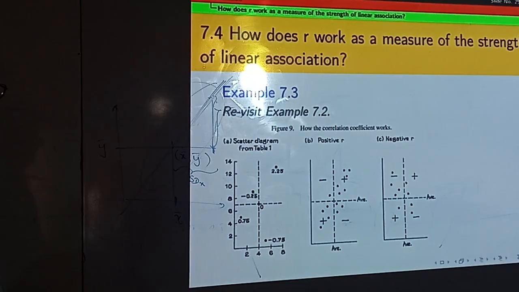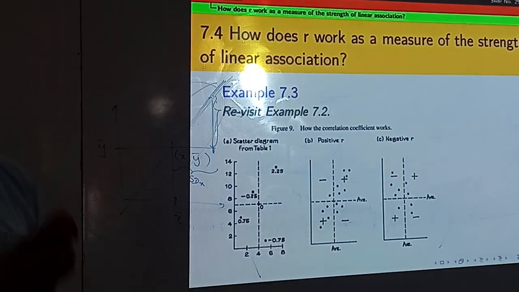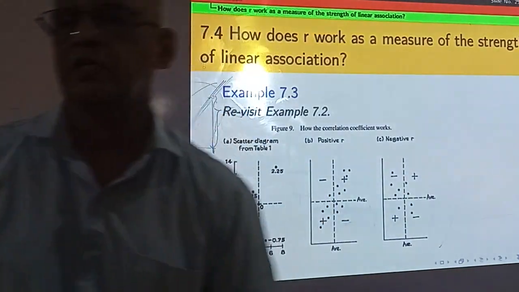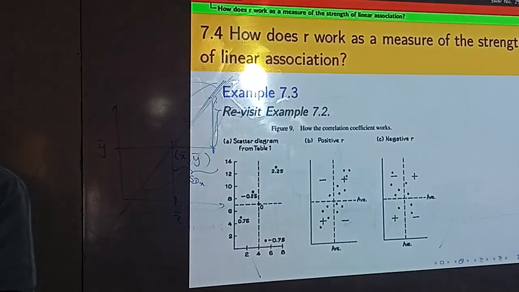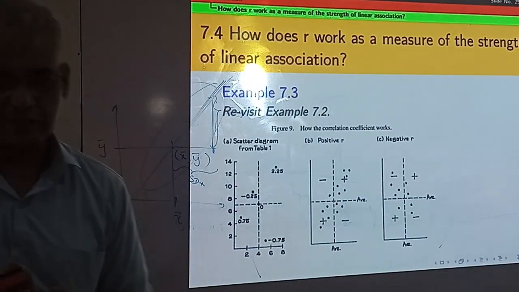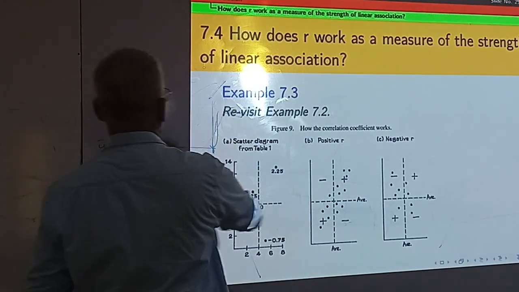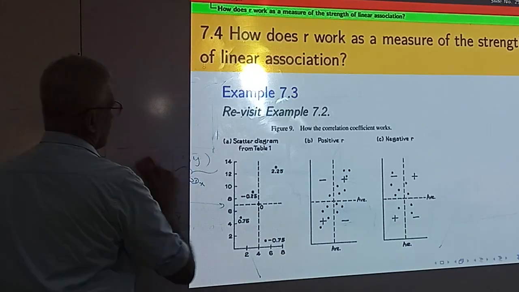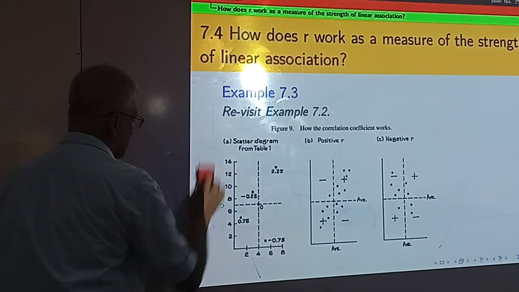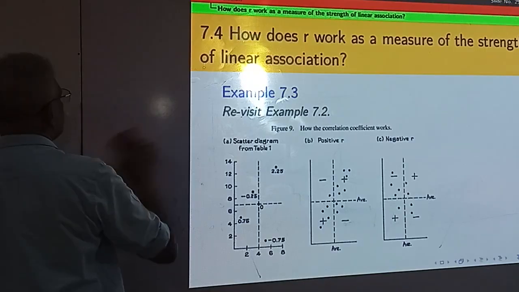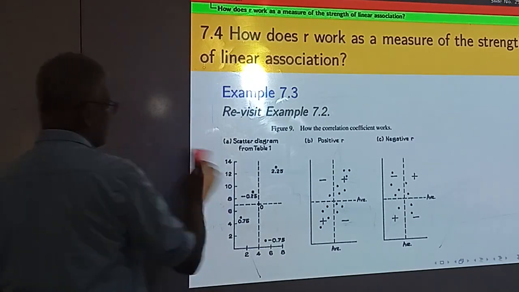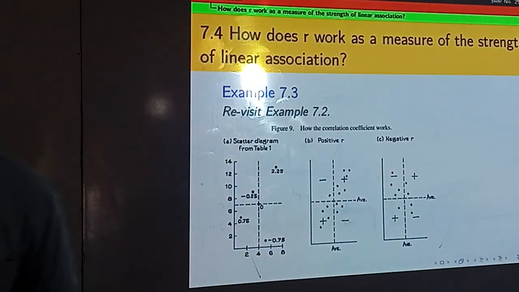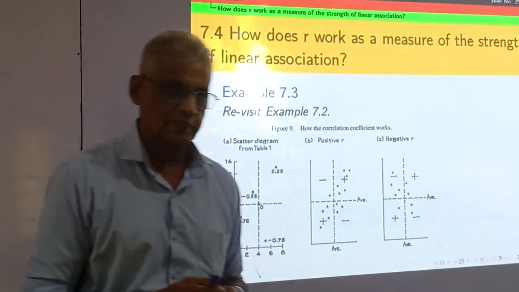Okay, so now let's try to understand how the correlation coefficient, or why the correlation coefficient gives a measure of the strength of the linear relationship, right? So that means by looking at the R, how do we perceive the strength of the linear relationship?